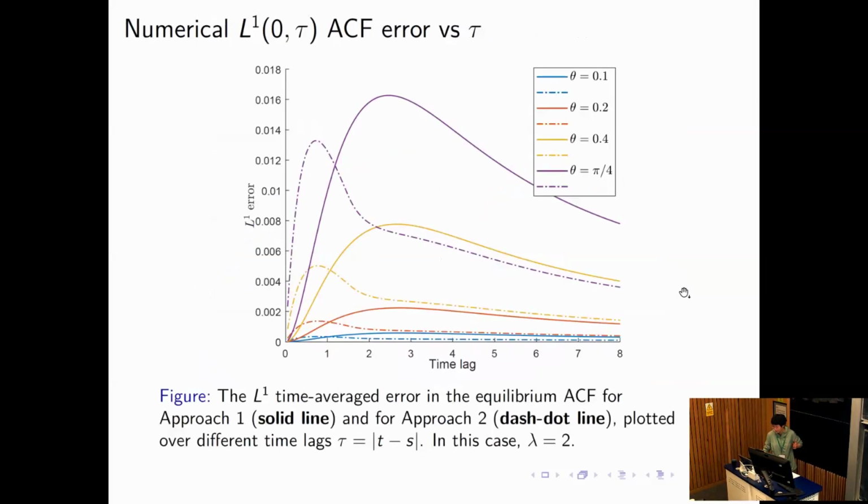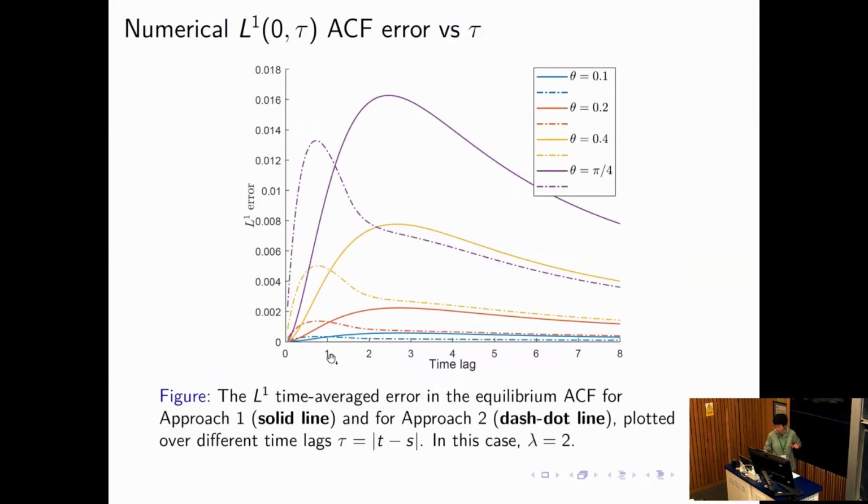And then we also study the ACF error versus different time lag, as mentioned at the beginning. Here the solid lines denote approach 1, and the dashed lines denote approach 2. As mentioned at the beginning, approach 1 becomes better for the short time lag.